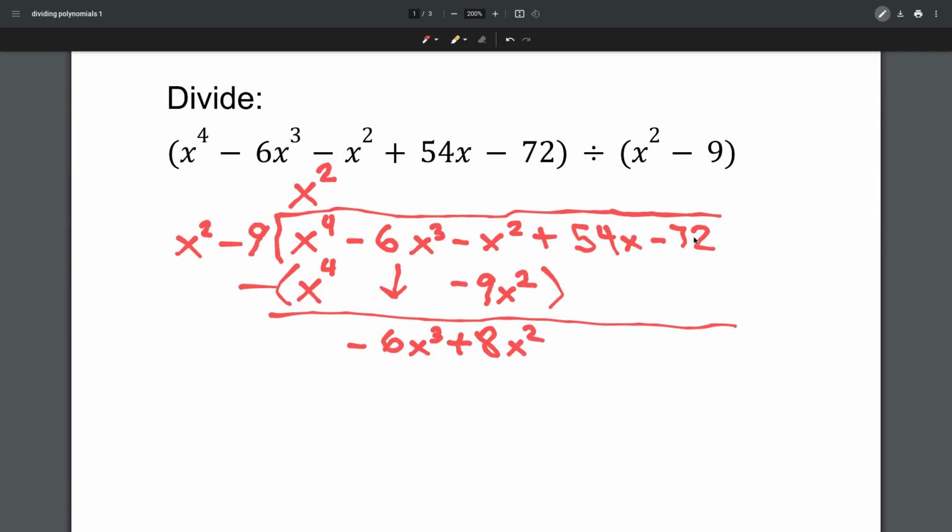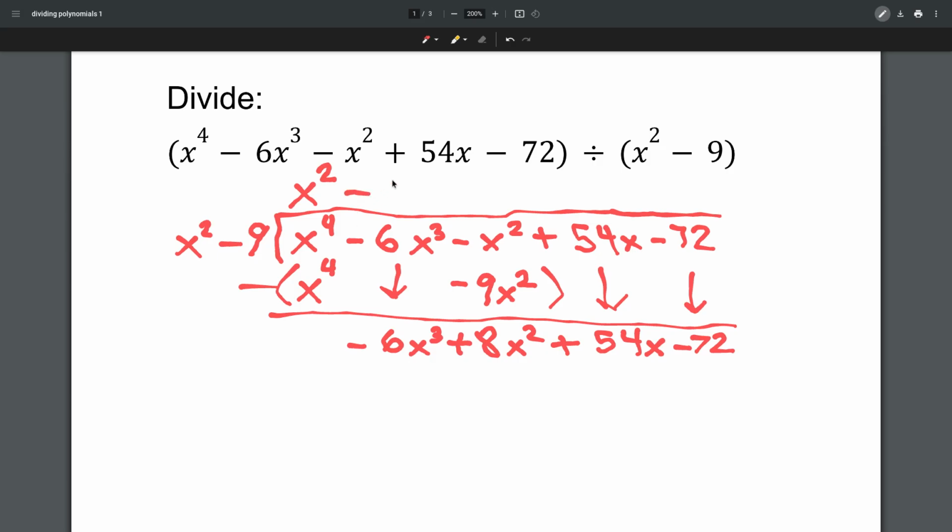Okay, so then we have this 54x. We're going to bring that down, so plus 54x. And then this minus 72 here, so we have minus 72. Okay, then we look, what do we have to multiply x squared by to get negative 6x cubed?